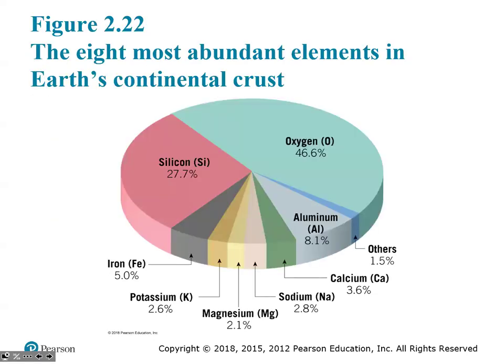The 8 most abundant elements in the Earth's continental crust are oxygen at 46.6%, nearly half, silicon at 27.7%, then aluminum at 8.1%, iron at 5%, calcium at 3.6%, sodium at 2.8%, potassium at 2.6%, magnesium at 2.1%, and then everything else is 1.5%.